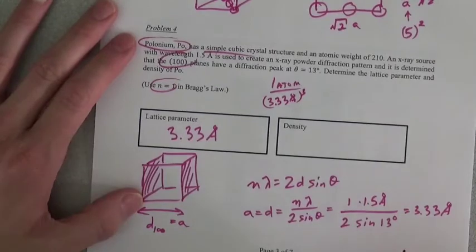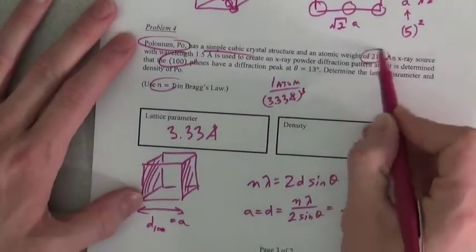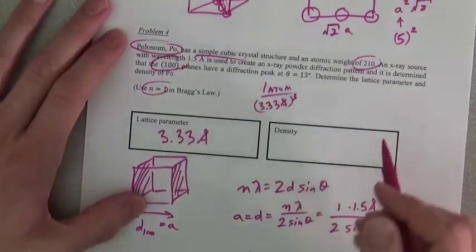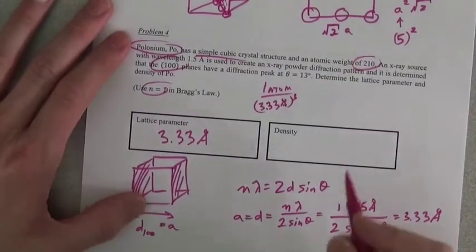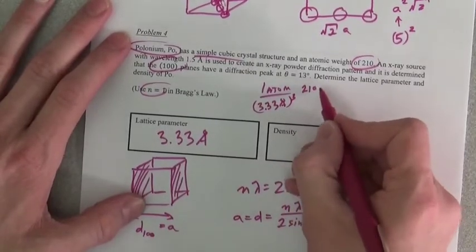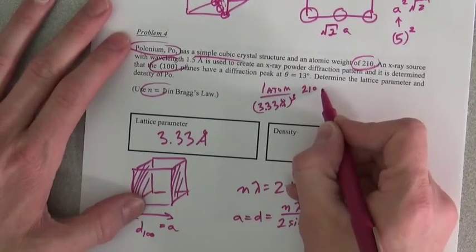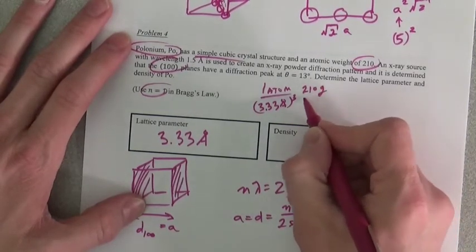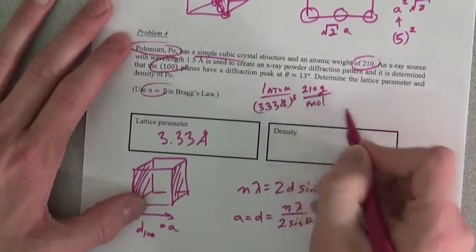And we have the atomic weight, which I can see here it's the wrong atomic weight, but for the sake of having a solution, we put in 210 gram per mole.